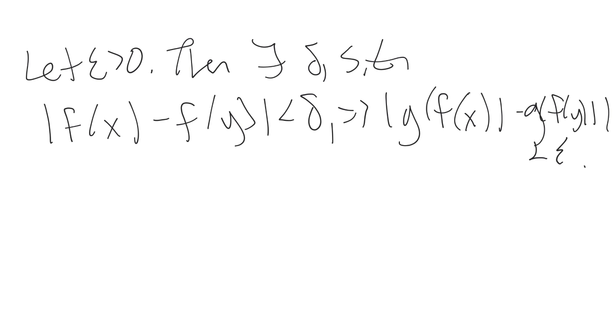Okay, so that's not the delta I want to pick, though. I want x minus y. And normally we have the delta we want right at the beginning. This one is a little bit out of order, just the way the proof works.